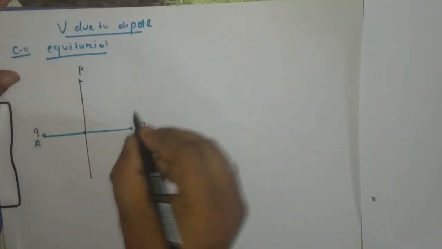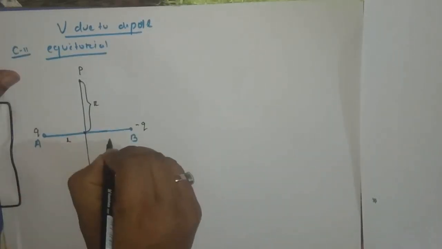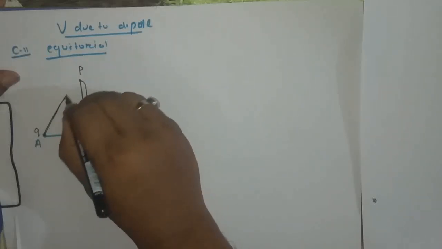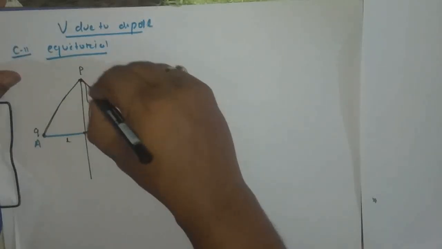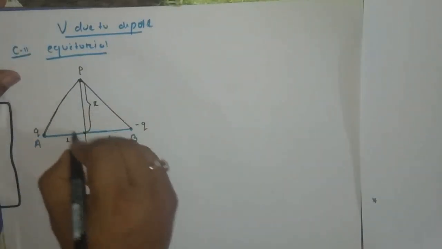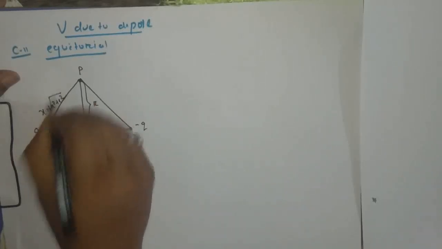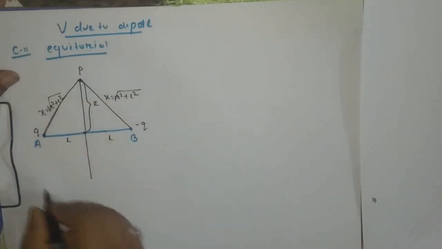This is the point P. Let this distance be R. We know this distance is L. So what is the potential at P due to A, and potential at P due to B? What is this distance? Let it be X, which will be square root of R square plus L square. So this will also be square root of R square plus L square.